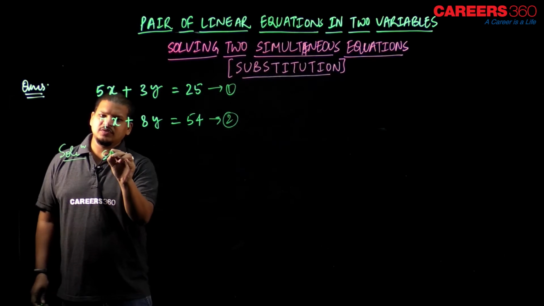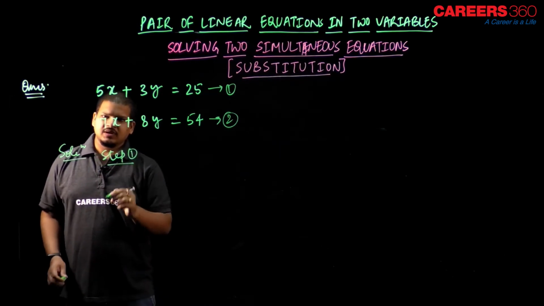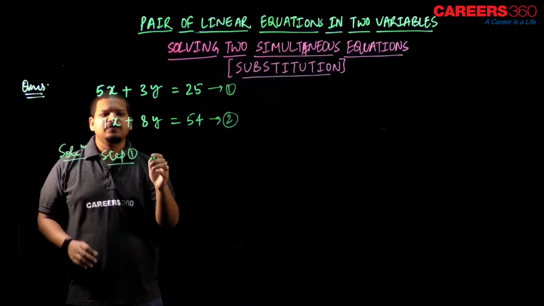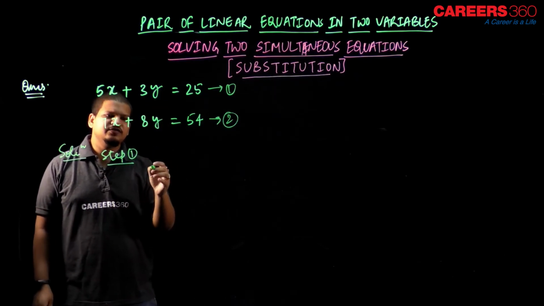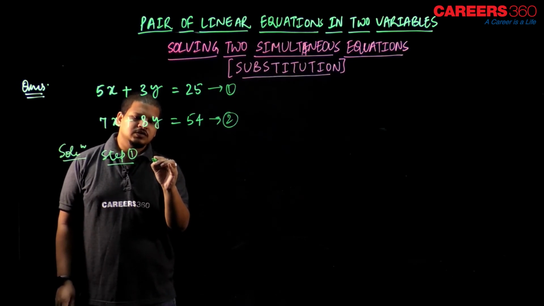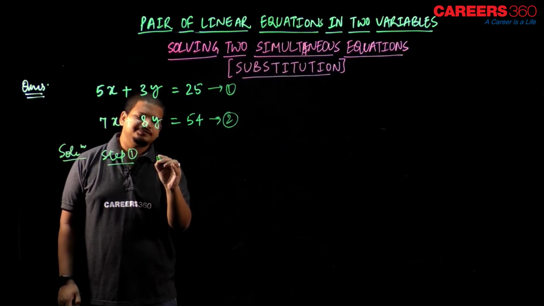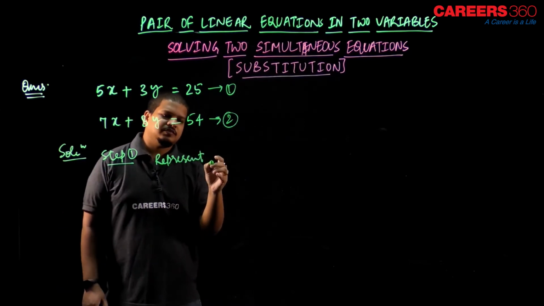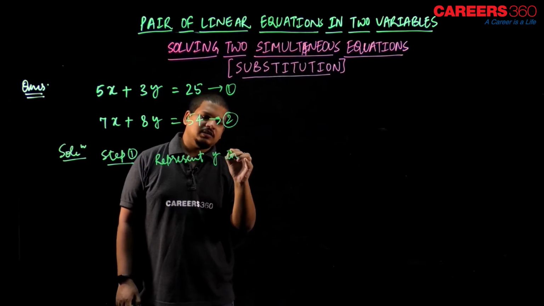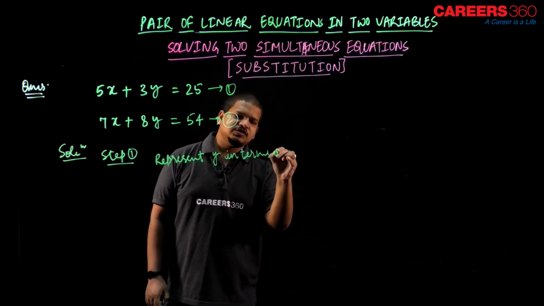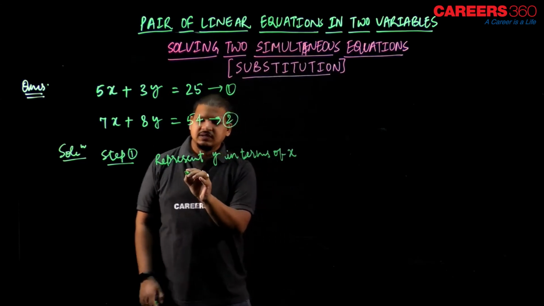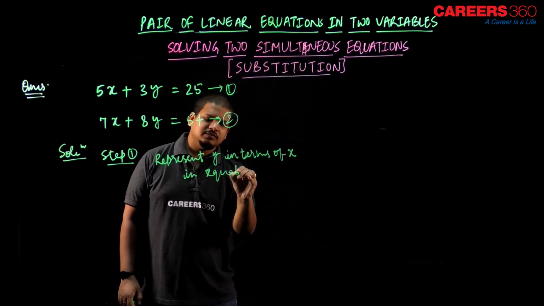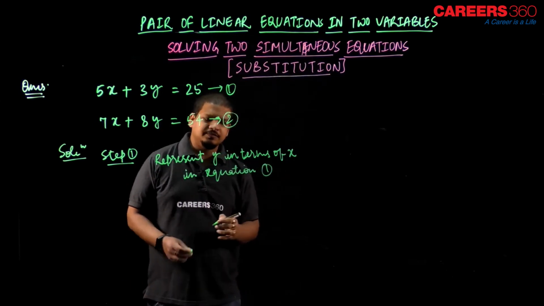Now in step number 1, we are going to find out the value of one of the variables in the first equation. So step number 1 would be to represent y in terms of x in equation 1.